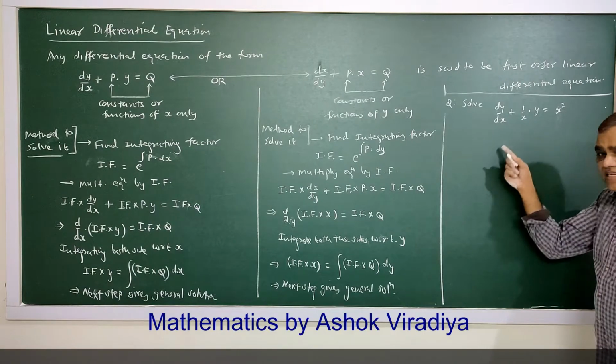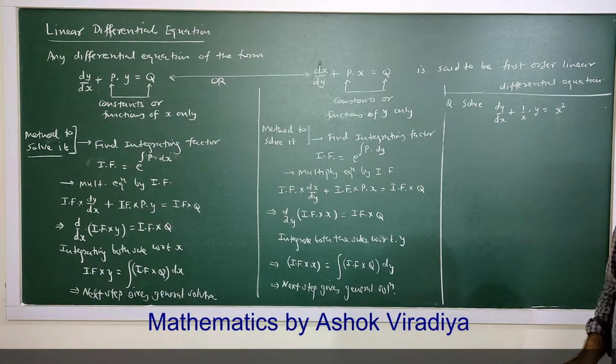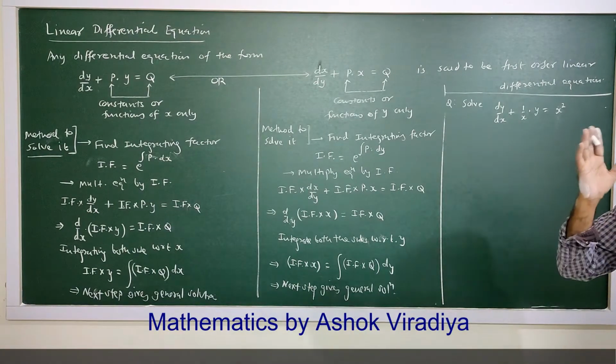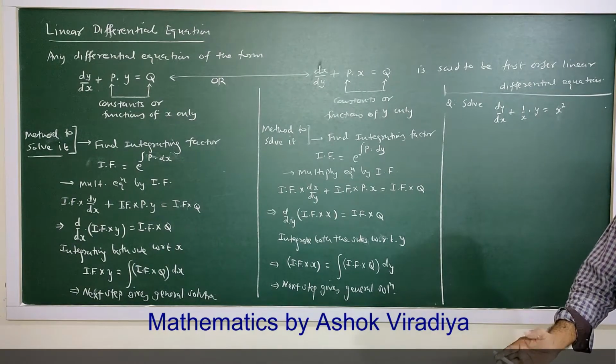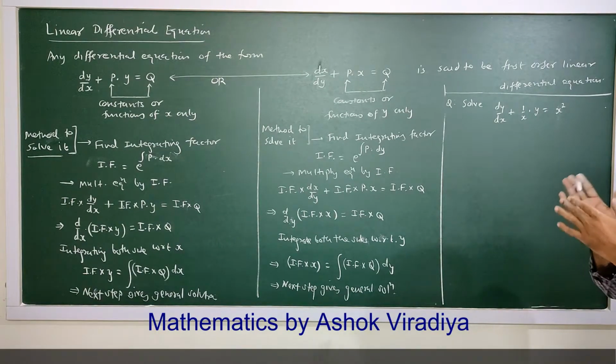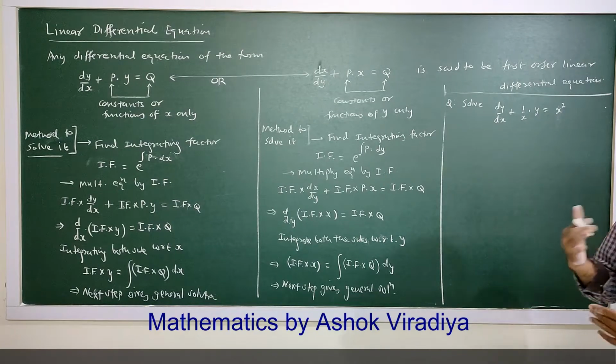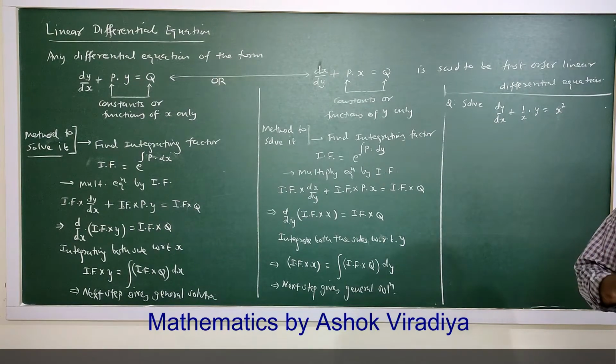observe the equation, identify the type of equation, whether it is a homogeneous differential equation, or can we convert this directly into a variable separable form, or it is a linear differential equation.